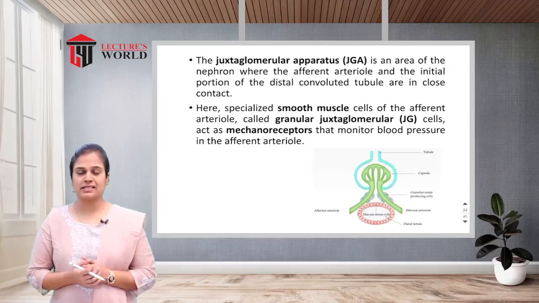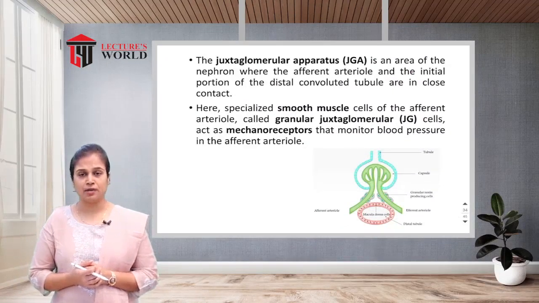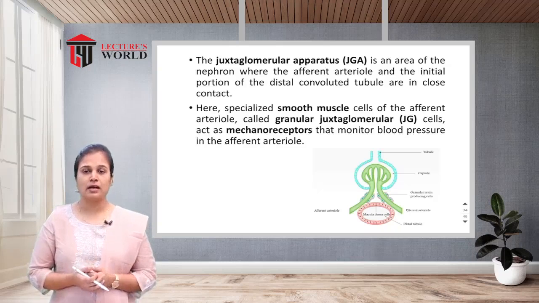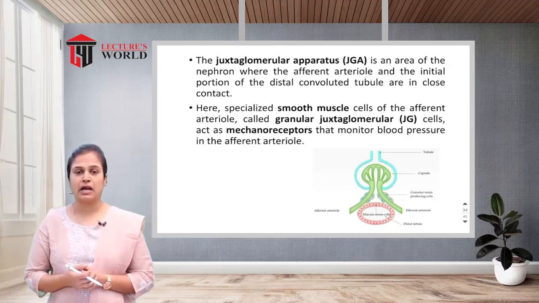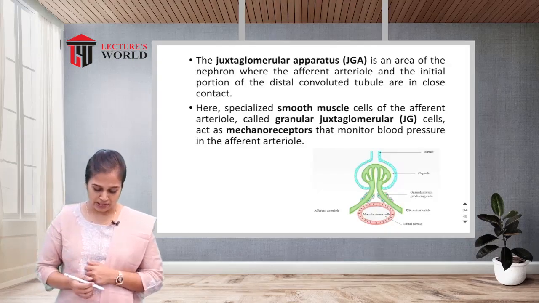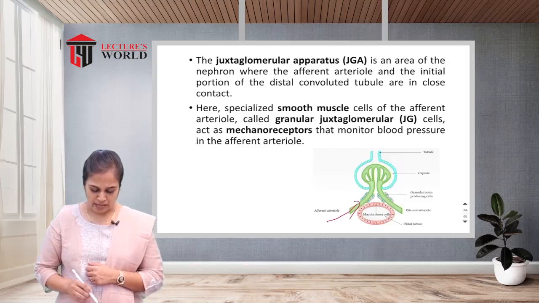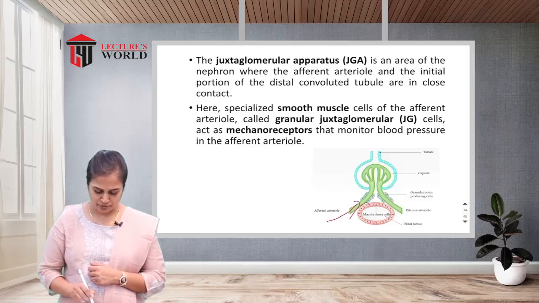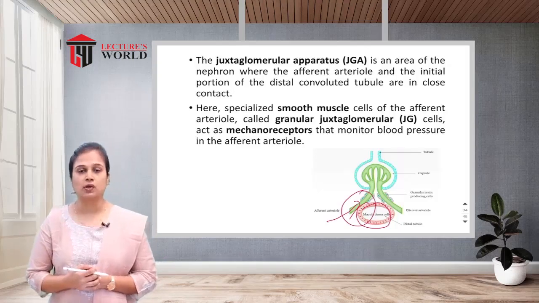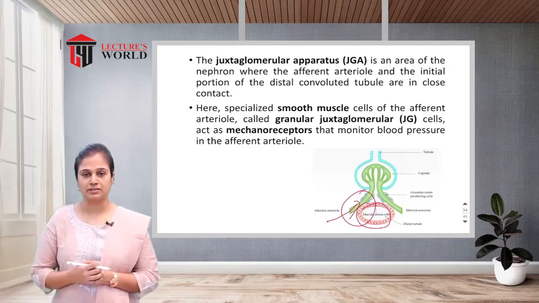Juxtaglomerular apparatus is an area of the nephron where the efferent arteriole and the initial portion of the distal convoluted tubule are in close contact. You can see in the image, this is the efferent arteriole and the distal convoluted tubule. This portion is attached and this is called the juxtaglomerular apparatus.